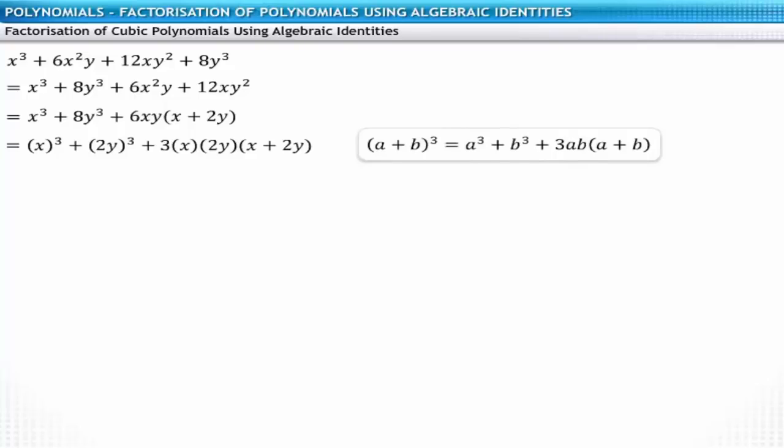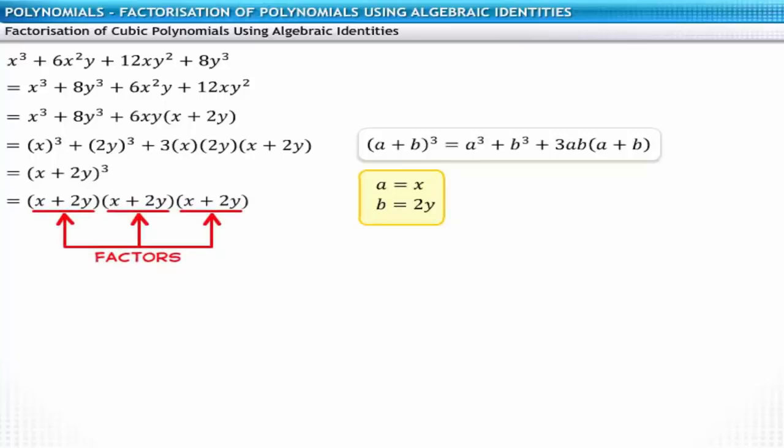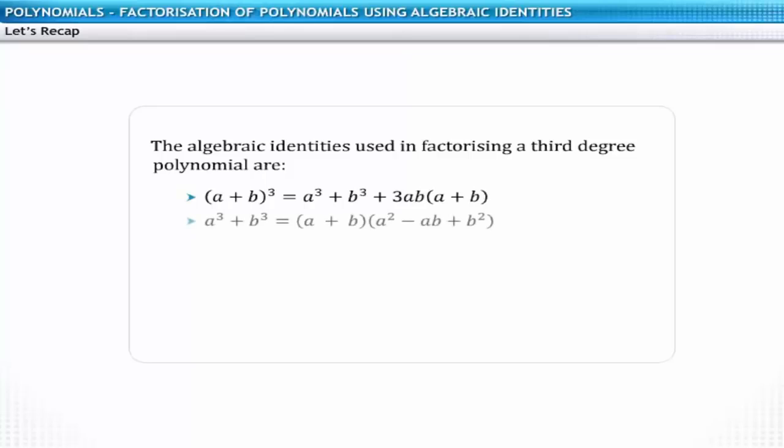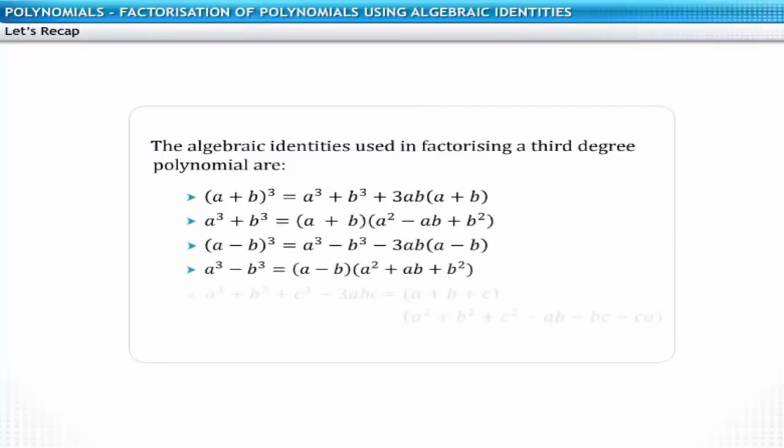Let's compare the polynomial with the identity. Hence, the polynomial can be expressed in this form. The factors of the polynomial are shown. Let's recap. The cubic polynomials can be factorized by using the following algebraic identities involving third-degree terms.